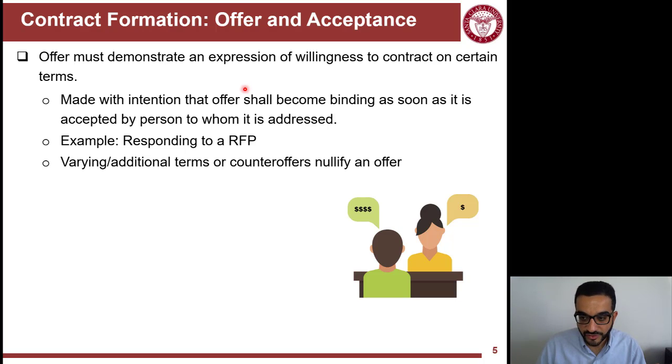A very applicable example is responding to RFPs or bids. So when you submit a bid, when you submit a proposal as a response to an RFP, request for proposals, if this proposal or bid gets accepted, you are bound by law to fulfill your proposal, what you submitted. And this is why we'll cover bid bonds.